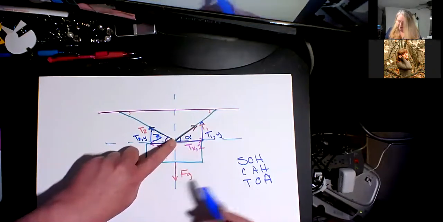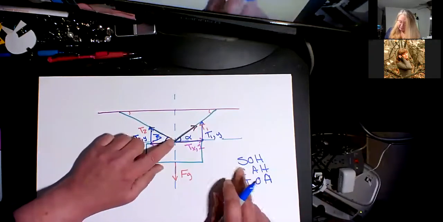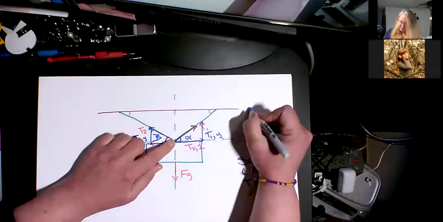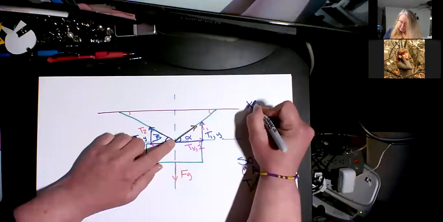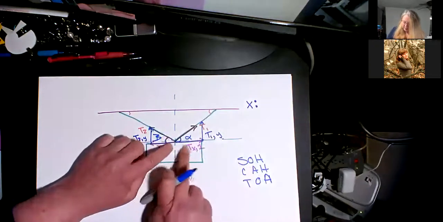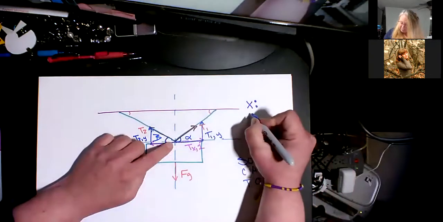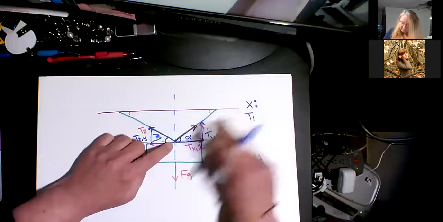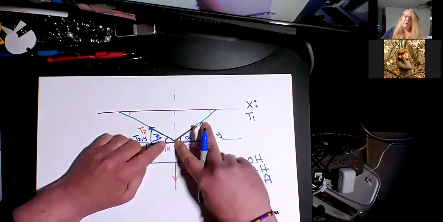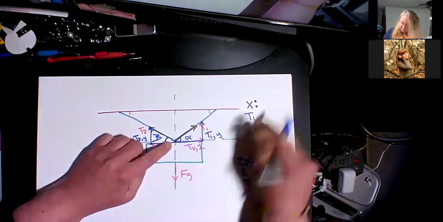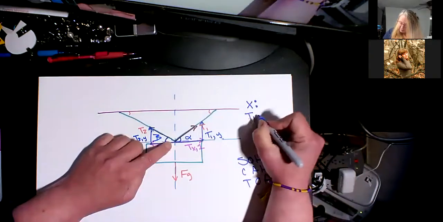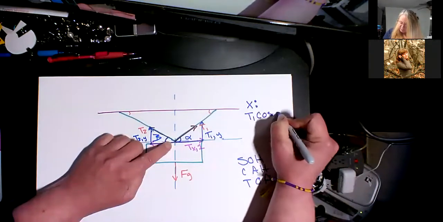So looking at the alpha, for the x piece, what do I have? Well, the tension in the x is touching that alpha angle. So I would have tension 1, which is this whole vector here, times cosine, adjacent, so cosine of alpha.